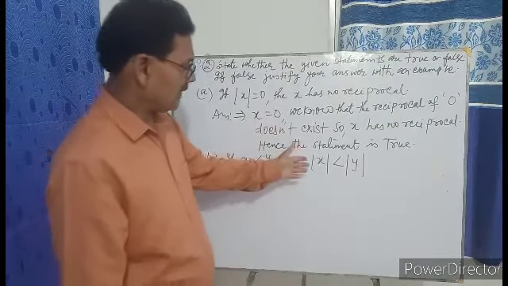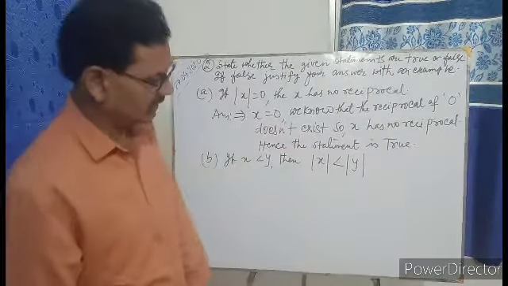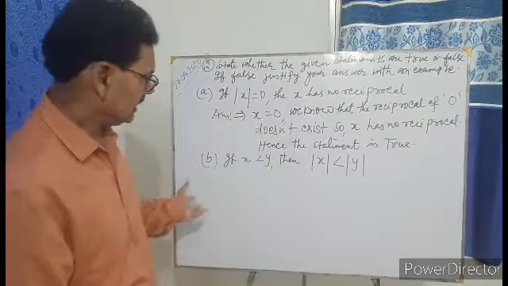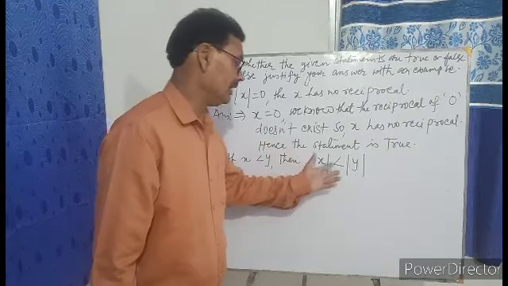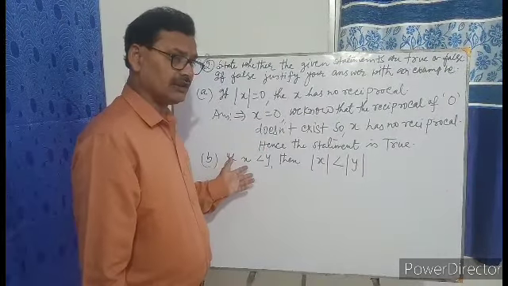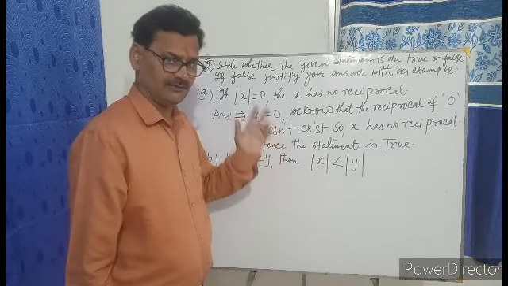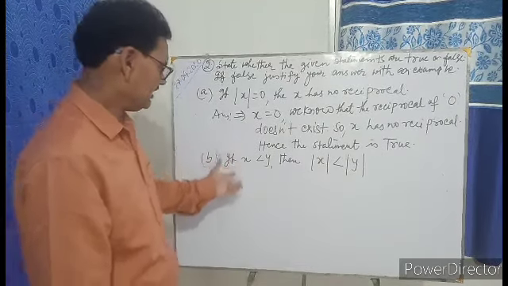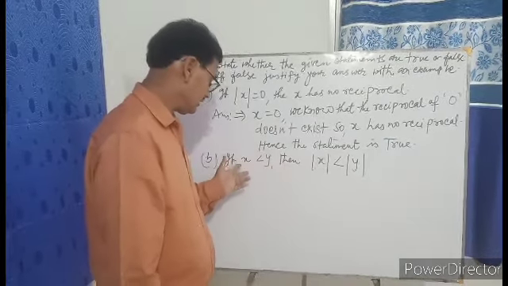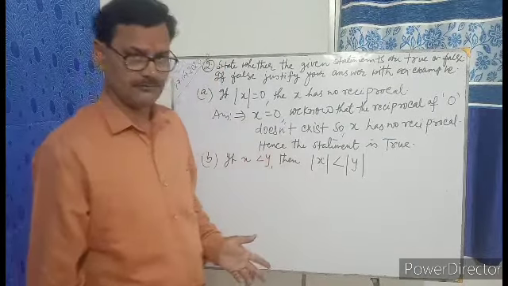When x and y both are positive, then definitely mod x will be less than mod y. How? Suppose x is 3 and y is 4.